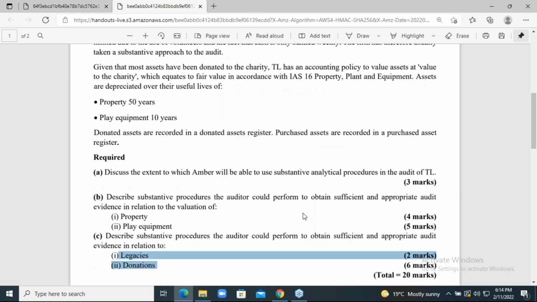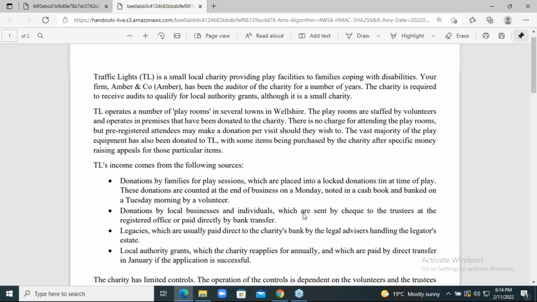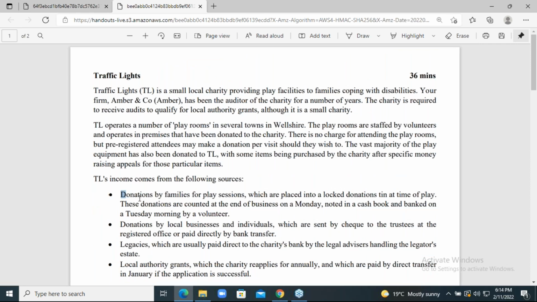Let's go to donations and legacies. Now this is the first donation: donation by families for play sessions, which are placed in a locked donation tin at the time of play. Now the way to write procedures is in the data. Highlight the important points.